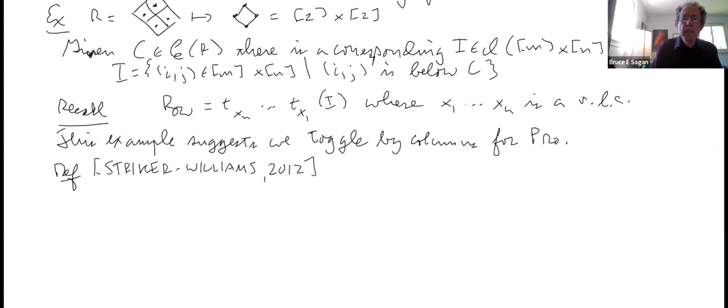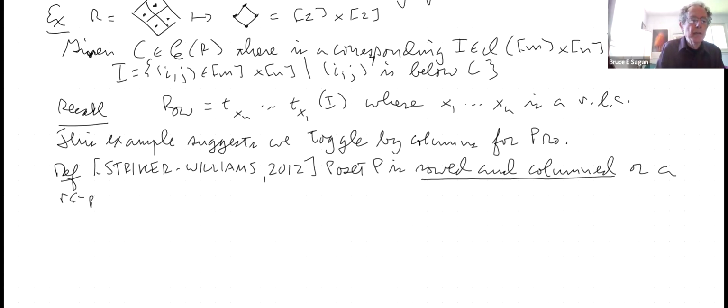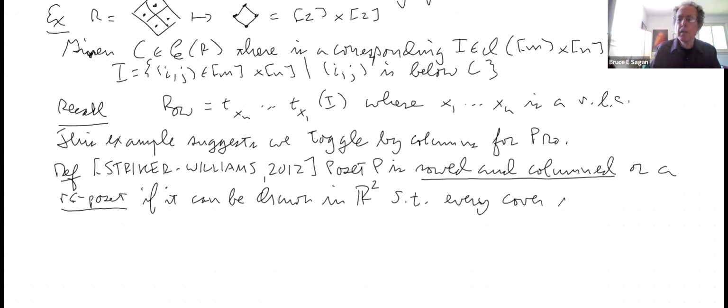It says that a poset P is rowed and columned, usually abbreviated to just saying it's an RC poset, row and column, if it can be drawn in the plane such that every cover is a translate of either the up vector or the down vector.